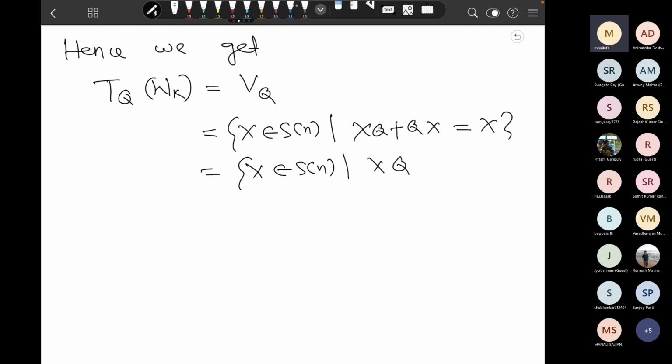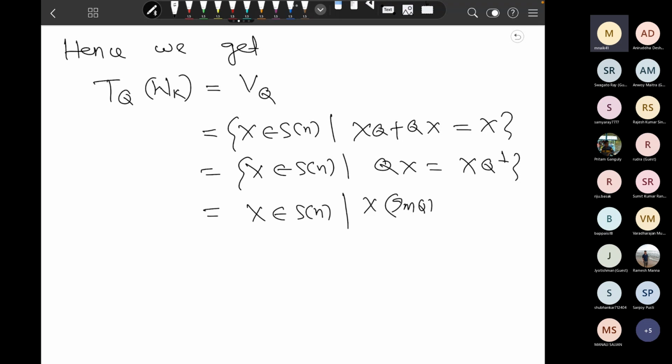XQ plus QX equal to X, and X belongs to Sn, so that X of image of Q is contained inside image of Q bar.